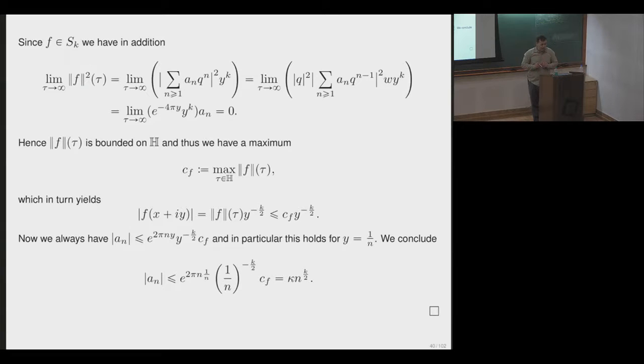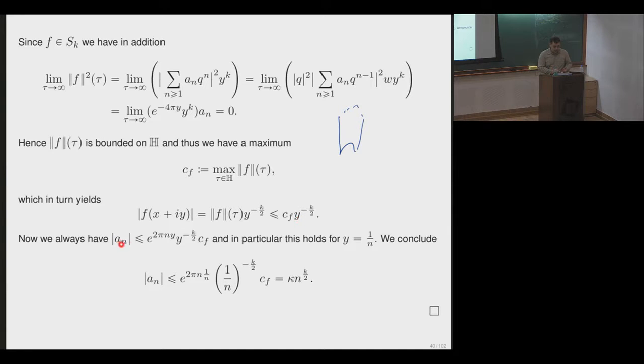Now we are on this fundamental domain, and if we go to infinity, then it will be 0, and we cannot go too low, and therefore this norm will be bounded in this domain, and we get this constant here. So the Petersson norm is bounded on this domain, and now we put it on the other side, resolving for the quantity we wanted to study, and now we get this bound here.